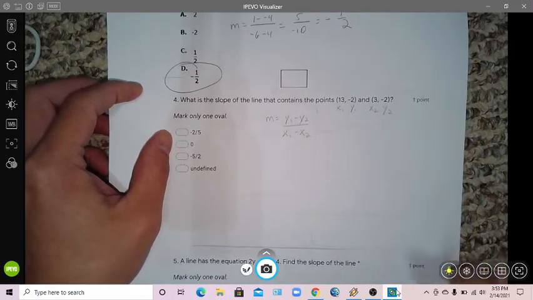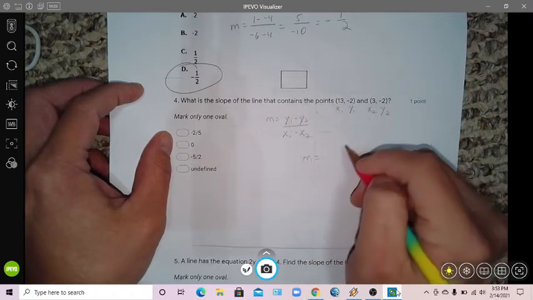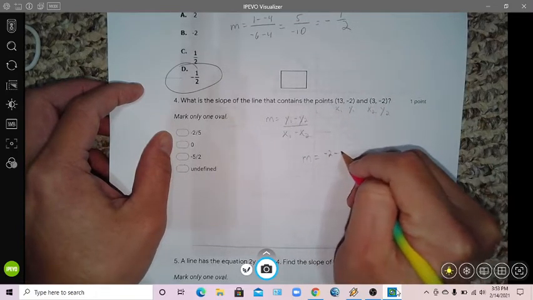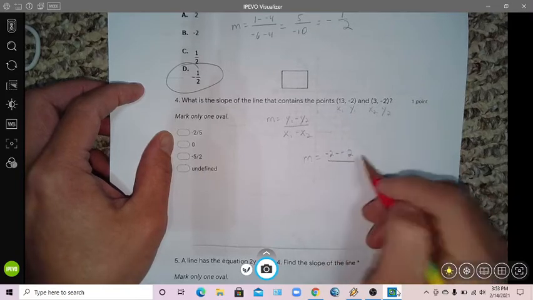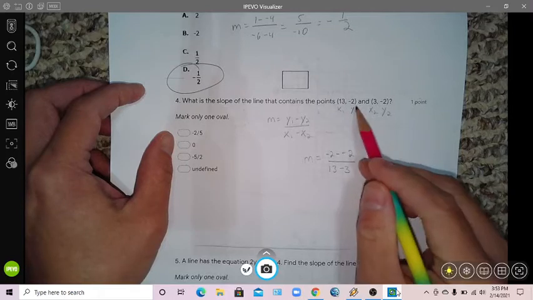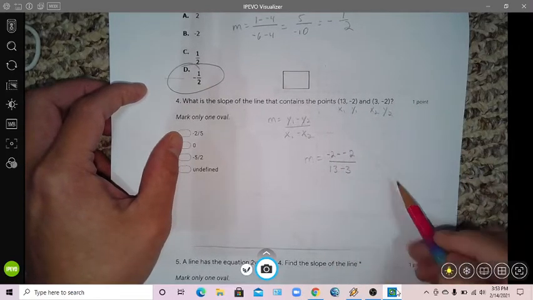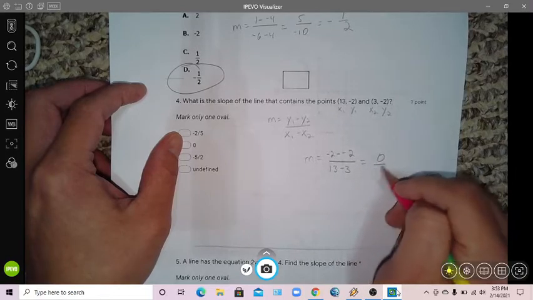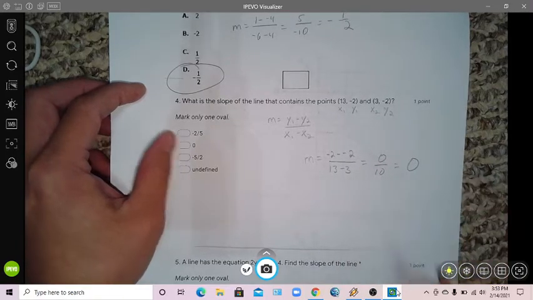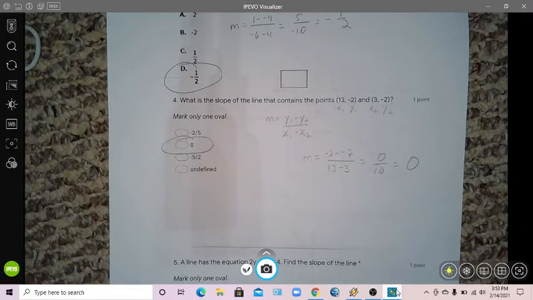Let's go ahead and subtract here. y1 minus y2, that's negative 2 minus a negative 2 over 13 minus 3. Notice the y's are exactly the same, right? So this is negative 2 plus 2. Negative 2 plus 2 is 0. 0 divided by 10 is 0. 0 on top, then the slope is 0. 0 at the bottom will be undefined.